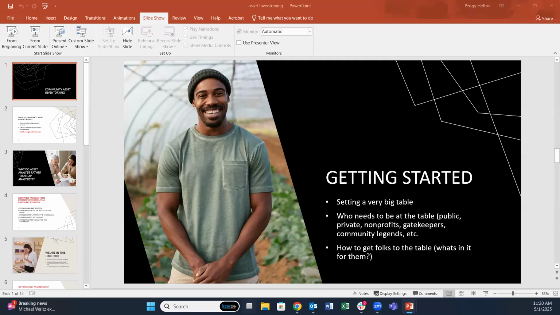And then how to get folks at the table, how to do persuasive marketing so they know what's in it for them. The last thing a lot of people are looking for is another commitment to some ongoing meetings. So we want to make sure when we're trying to market this idea for them that it's very clear that it's we, not I. We're in the same boat, this is easier together, and this is more effective, so that we're not each going through individual planning processes.